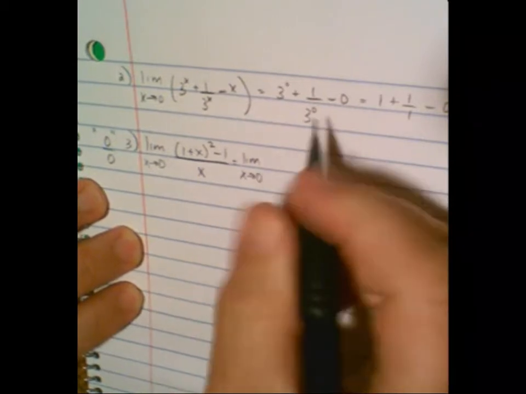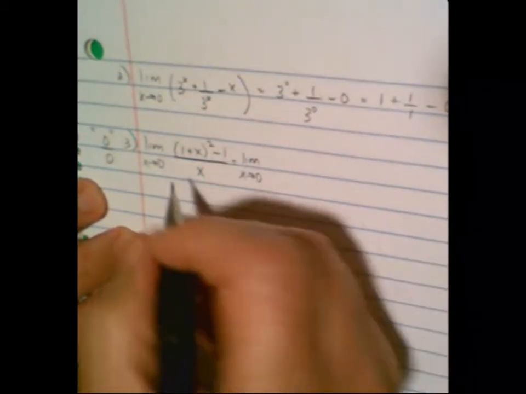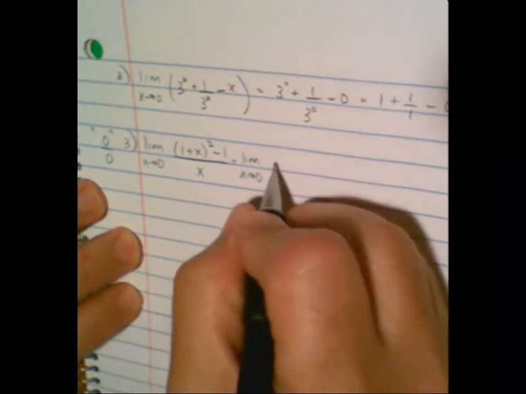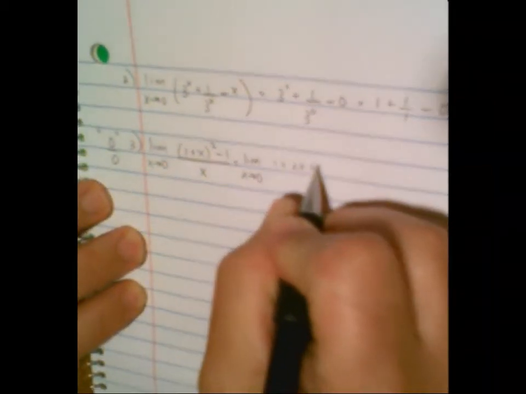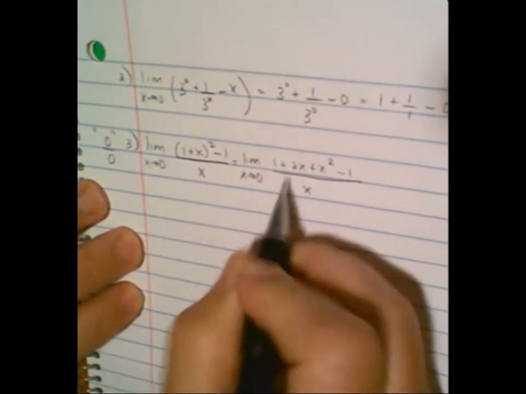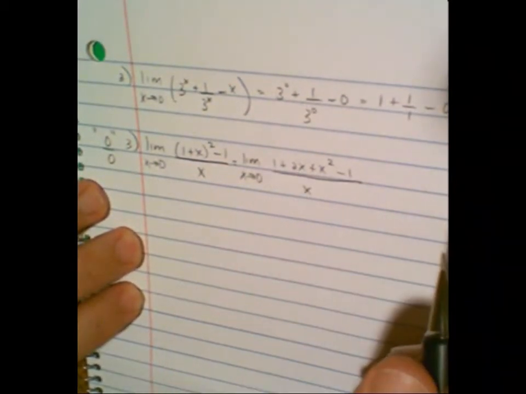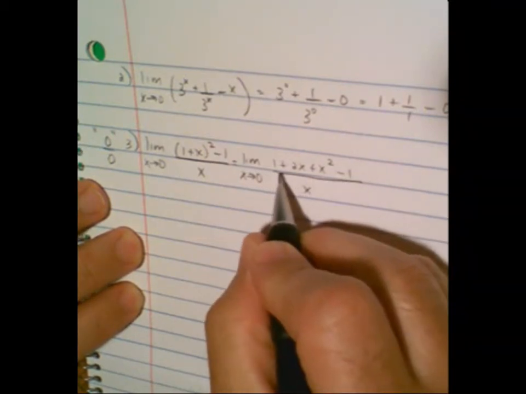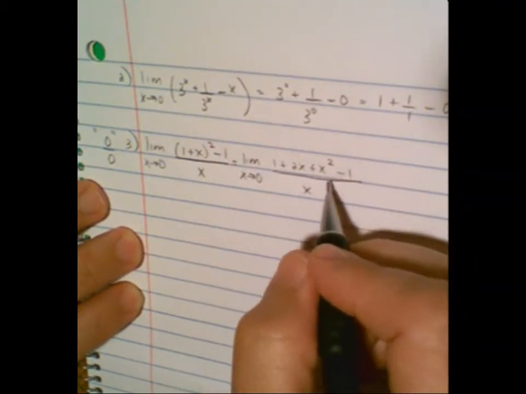So it's the limit as x approaches 0 of 1 plus 2x plus x squared minus 1 over x. This came from 1 plus x times 1 plus x. Okay? The 1 and the negative 1 cancel.